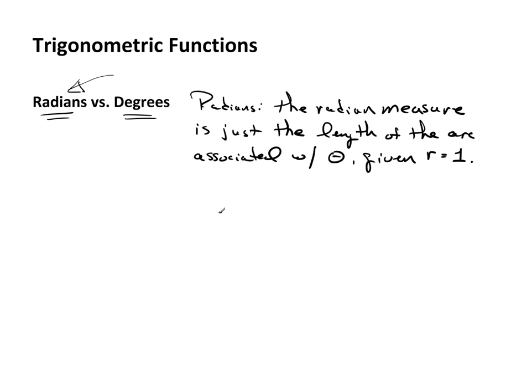So if I start off in the standard position at 0 degrees and I come up here at what we think of as 45 degrees, here's theta. Let's just say I'm at 45 degrees here. Now if this radius r equals 1, which means this is also equal to 1, I'm not drawing this real well, but anyway, if this is 45 degrees, then the radians is actually pi over 4.